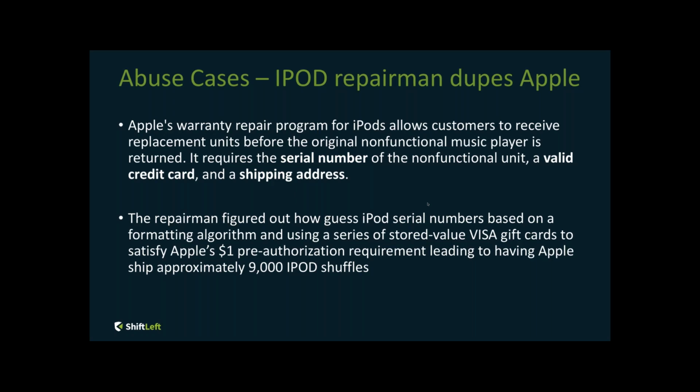Given that he figured out the algorithm, the next step was to buy a series of stored value Visa gift cards in order to satisfy this $1 pre-authorization that Apple conducts just to validate identity. As a consequence, Apple shipped 9,000 iPod Shuffle units to this repairman, who effectively took these devices and sold them in the secondary market. So this again is an example of a series of flaws that, when connected, led for this individual to exploit and abuse the return function.